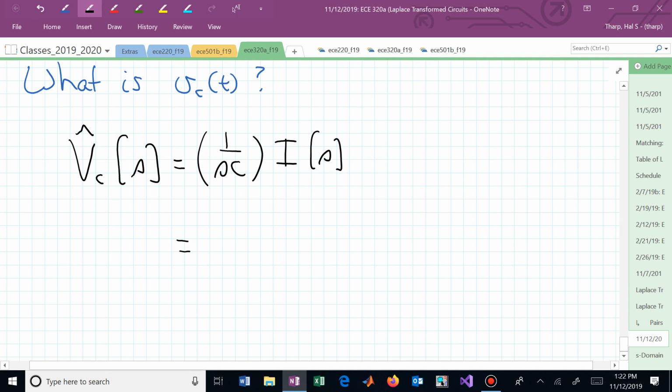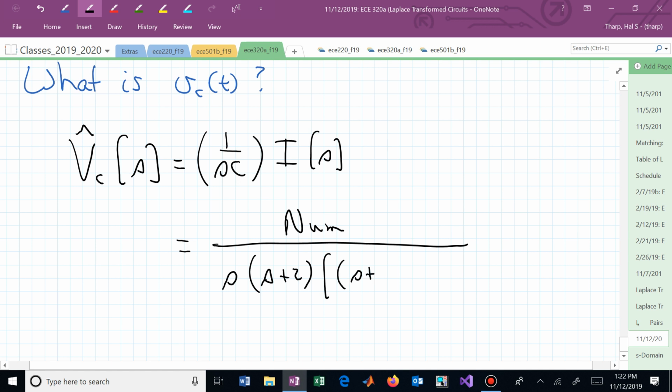And if we went through all of that, we would end up with some numerator over S, S plus 2, S plus 1/2 squared plus square root of 3 over 2 squared.